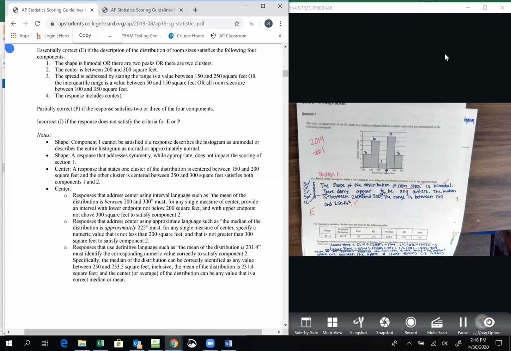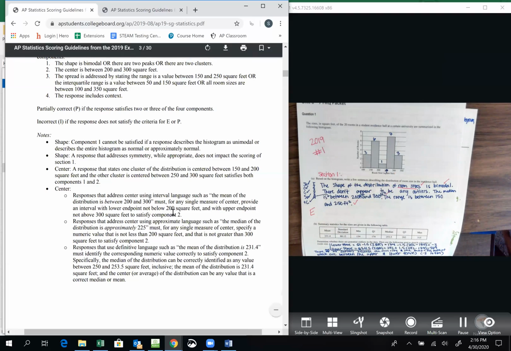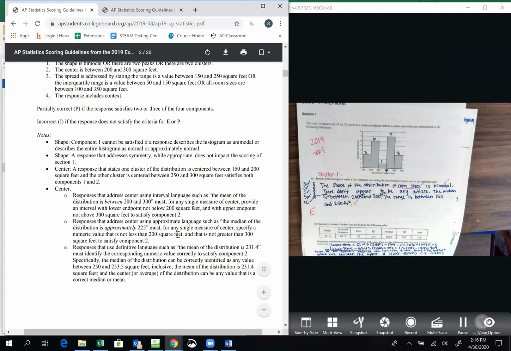Responses that address center using approximate language, such as the median is approximately 225, must, for any single measure of center, specify a numeric value that is not less than 200 and not greater than 300. So if, instead of saying the median was between 200 and 300, you said it's approximately 250 or something between 200 and 300, then you still satisfied component 2.